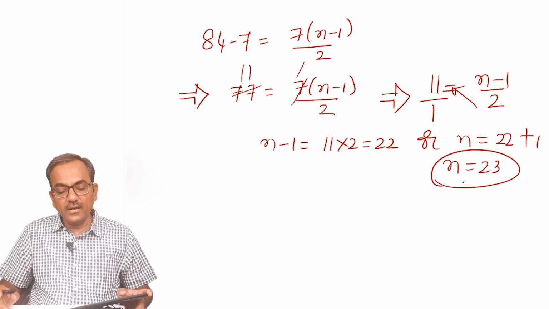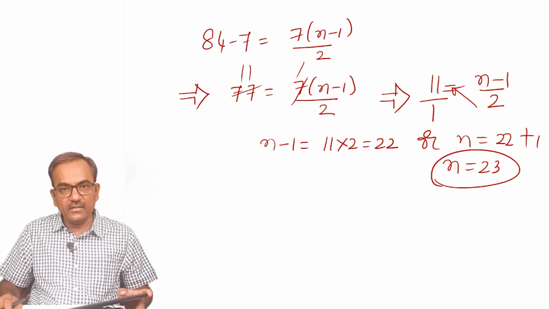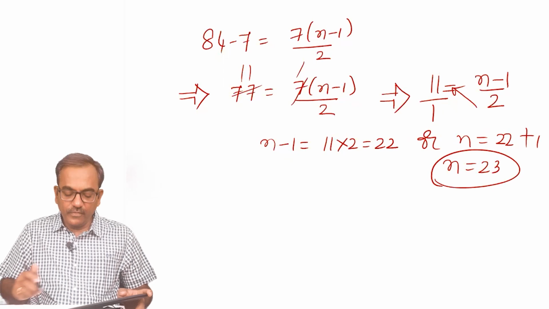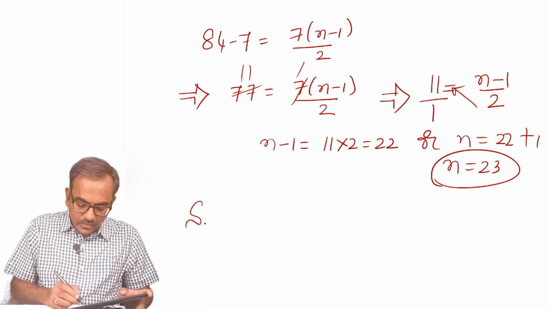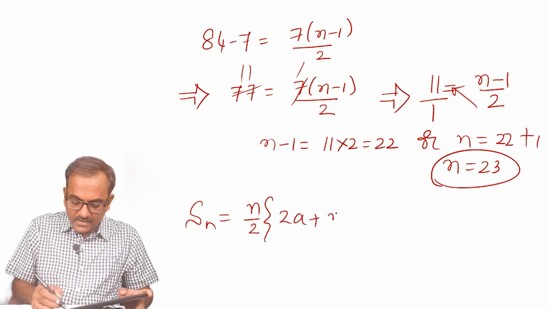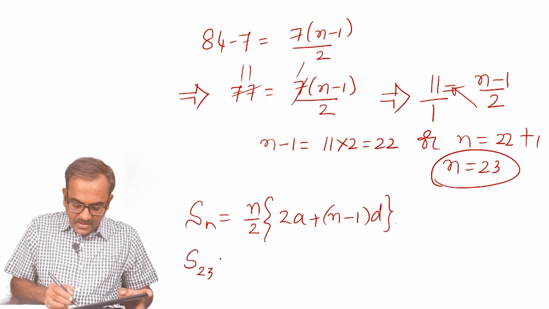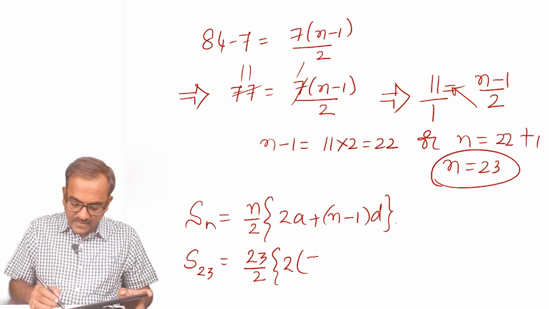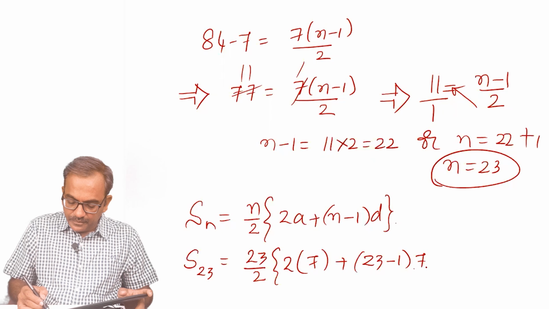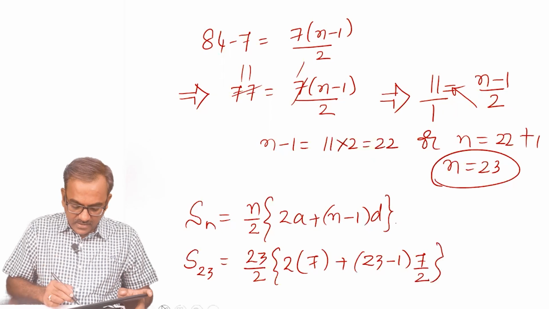So this is an intermediate result. This is not the final solution, as you know. We need to determine the Sn value. So Sn is equal to N by 2 times 2A plus N minus 1 times D. S23 is equal to 23 by 2 into 2 times A, where A is 7, plus 23 minus 1 into D, which is 7 by 2. Correct?